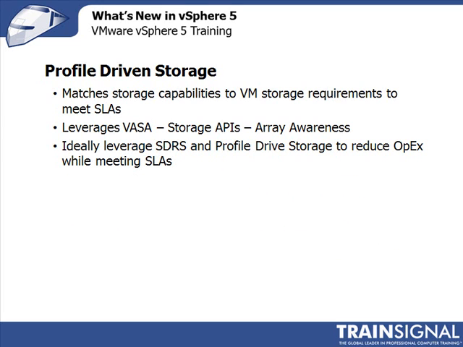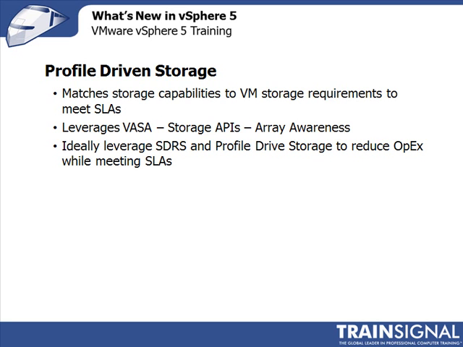Profile-driven storage. Profile-driven storage is going to match the storage capabilities that you have within the environment to the VM storage requirements. So you might come in and say, look, I have this domain controller, or I have the SQL server, and my SLAs on it are very high. I want to make sure that it's always on the fast types of disk, etc. What you use is you leverage VASA, storage APIs for array awareness.